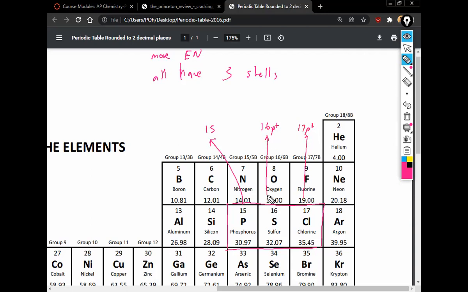In your explanation, talk about how the more protons there are, the more they pull the electrons in towards the nucleus. That causes a greater attraction between the valence electrons and the nucleus, making it harder to take away the electrons, making the nucleus hold the electrons in tighter, something along those lines. Okay, that's it. Easy peasy.